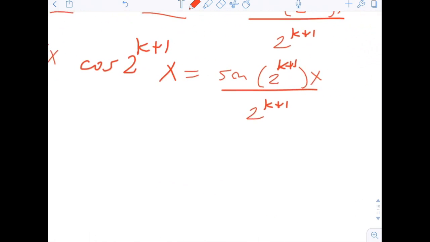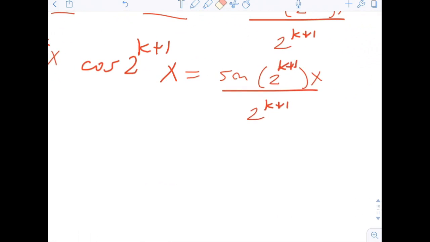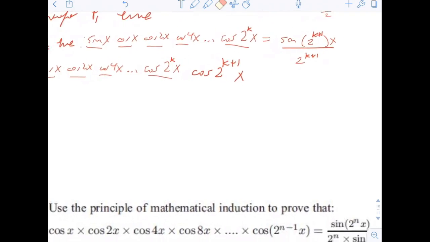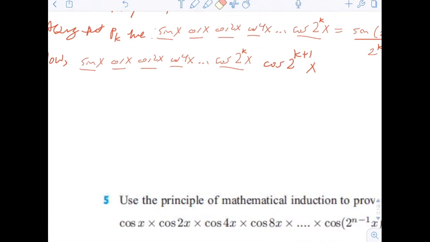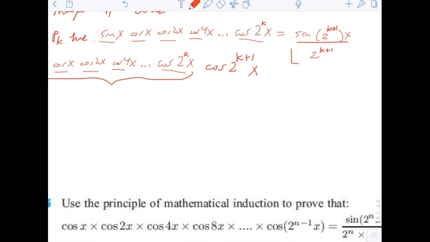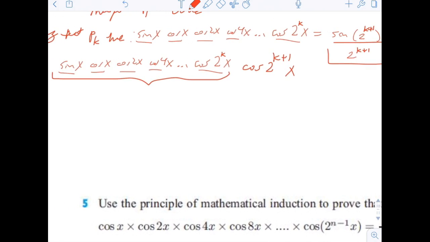And then on the right side, we don't know what that is yet, okay? Then we're going to immediately replace this part of it with the part that we assume to be true, which is that. So we're going to put sine of 2 to the k plus 1 x divided by 2 to the k plus 1 times cosine of 2 to the k plus 1 x.